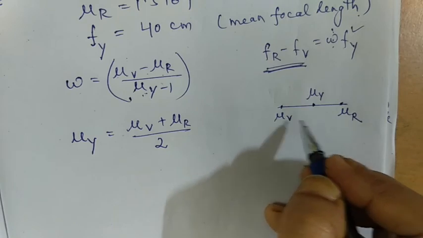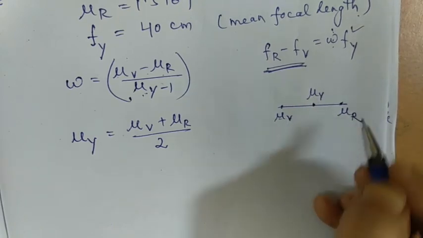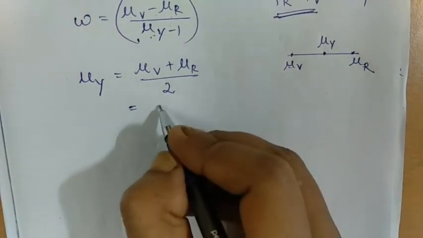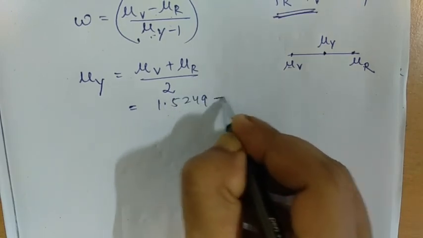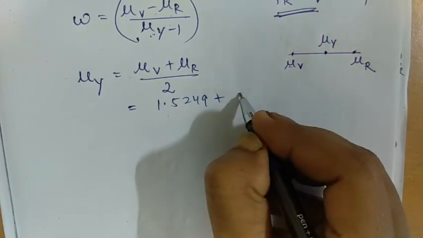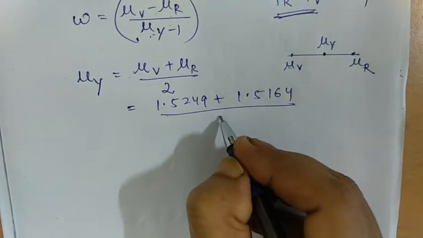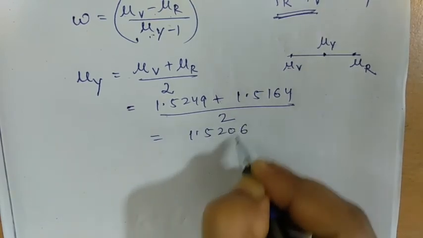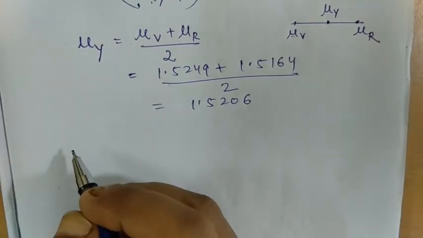So that's why you can say that mu Y is equal to mu V plus mu R divided by 2. So you will get mu V value 1.5249 plus mu R value 1.5164 divided by 2, which gives you 1.5206. So this is the refractive index for the yellow rays.